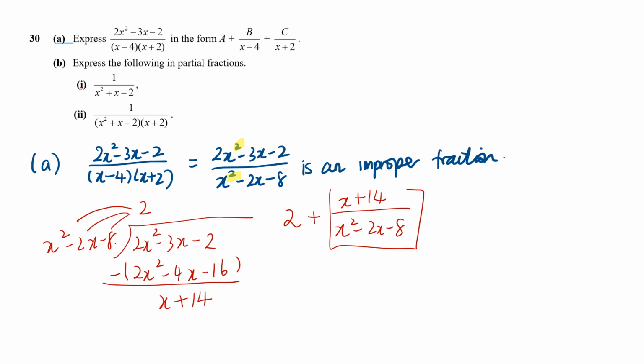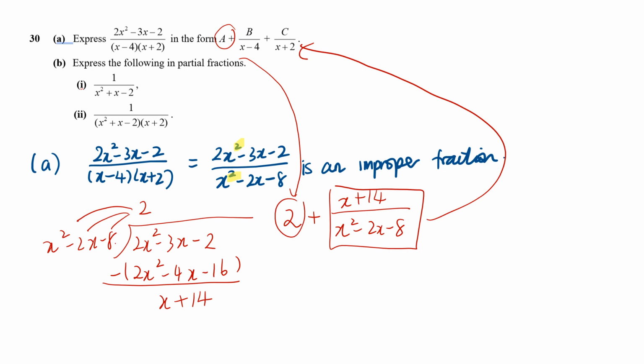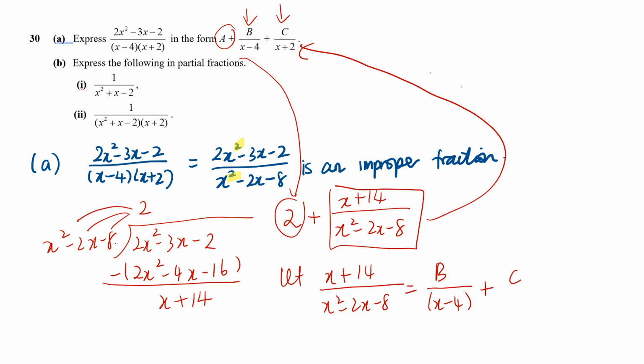So this is the one that I can partial fraction. Can you see, if you do a comparison, that the value of a is actually 2? A is a value of 2. So we're going to let x plus 14 over x squared minus 2x minus 8 equal to, using the letters that are given here, b over x minus 4 plus c over x plus 2.